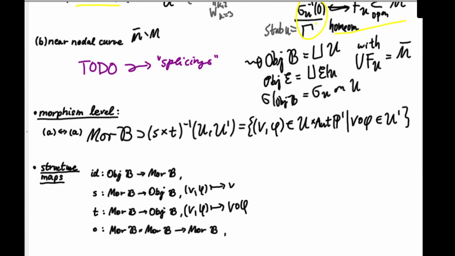So really this is a morphism that identifies v in U with v composed with phi in U prime. So let's see. This here is still a Banach manifold.